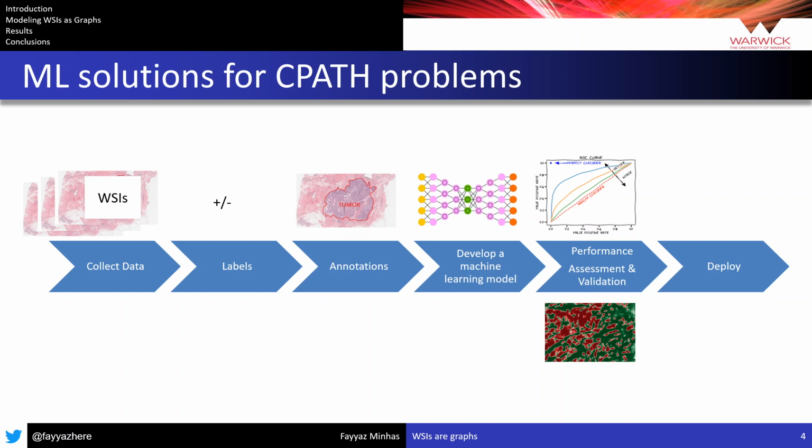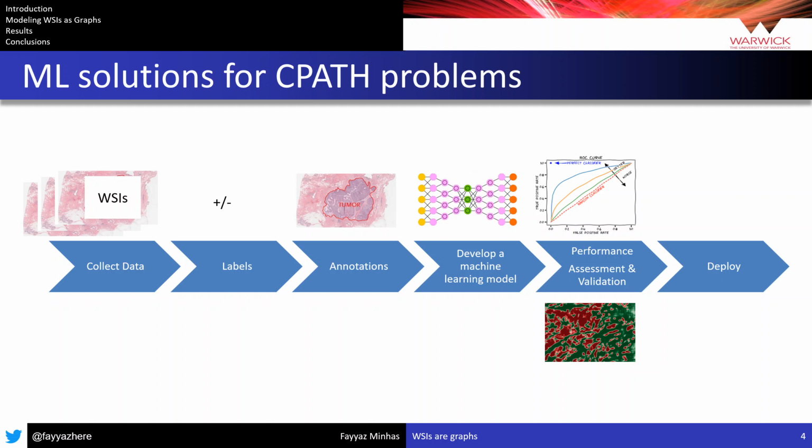So we use all the training data that we have in terms of whole slide images. We push it into a neural network, and then we try to predict for a new test case whether the neural network generates a good prediction or not. That is the performance assessment and validation part. That is whether the neural network is able to generalize to unseen test cases.